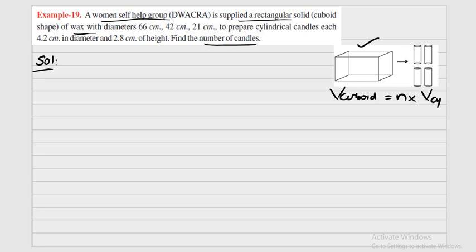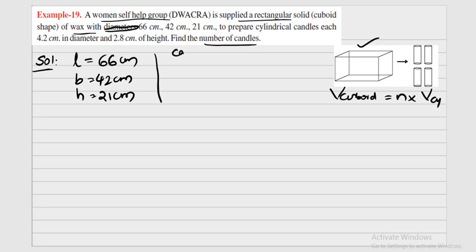Now what are the things that are given? First of all we will be writing them, with dimensions, not diameters here. So length is given as 66 centimeters, breadth is given as 42 centimeters, and height is given as 21 centimeters. Next, about the candle.